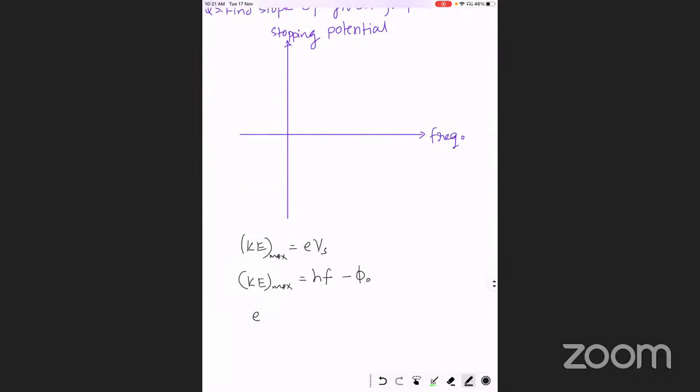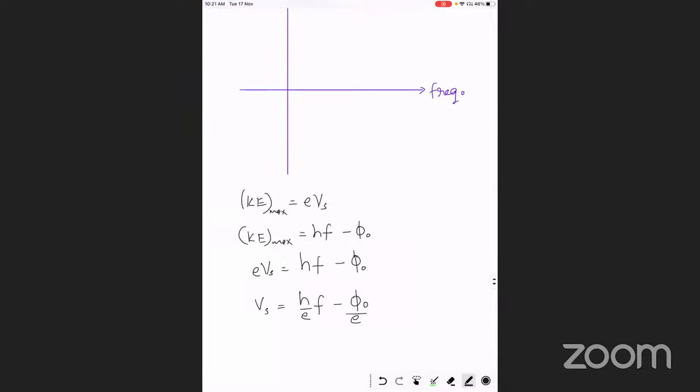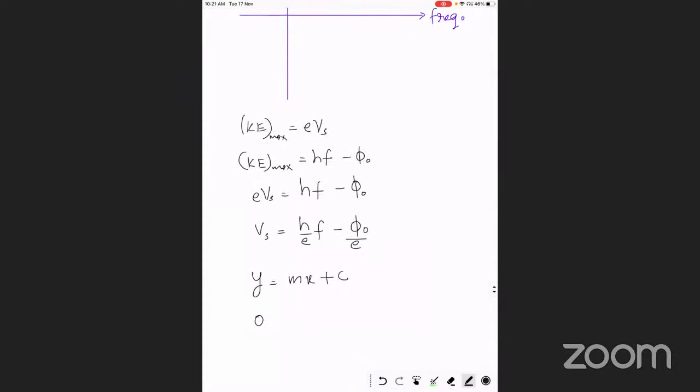So at the place of kinetic energy, you can write e times stopping potential. Keep stopping potential here. You can send e to the other side. Now if we compare this equation with y equals mx plus c, the y-intercept will become equal to phi by e minus phi naught by e, and the slope will become equal to h by e.